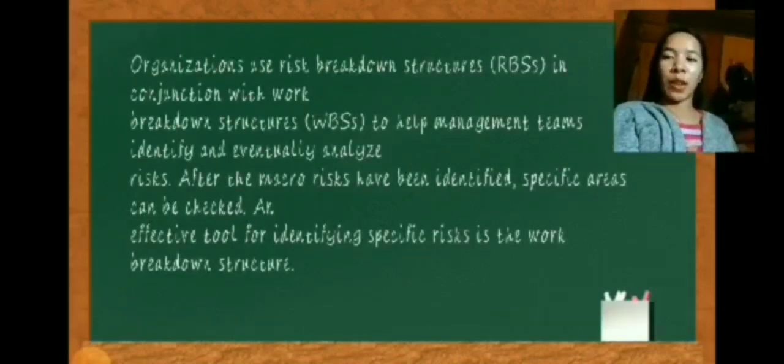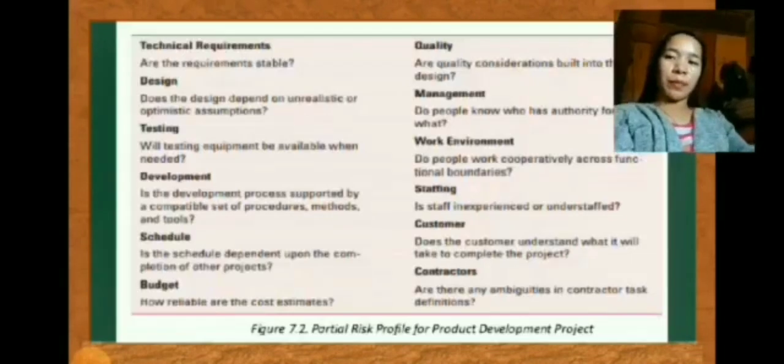Organizations use risk breakdown structures, or RBSs, in conjunction with work breakdown structures, or WBSs, to help management teams identify and eventually analyze risk. After the macro risks have been identified, specific areas can be checked. An effective tool for identifying specific risks is the work breakdown structure.